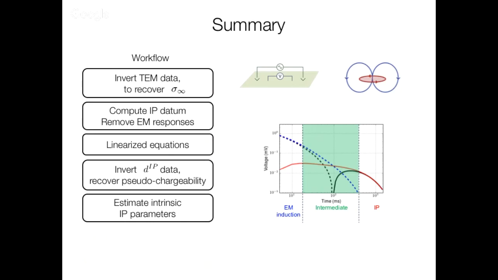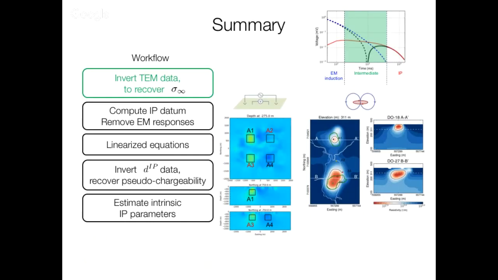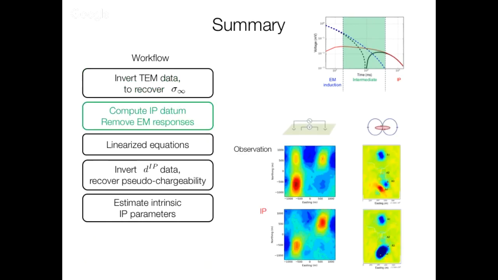So here's a summary. If we have grounded sources or inductive sources, then there's early time; use that to get a conductivity. Here's your late time, here's your IP, and we're going to work with the intermediate. So we first invert to get the background conductivity, and then we remove the EM responses.